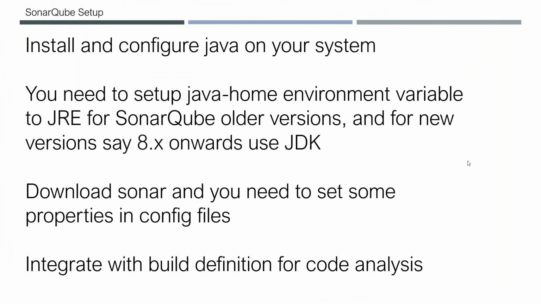If it is .NET, it will analyze all your C# code or VB code, or your jQuery or JavaScript. It can be scripting, it can be your .NET code, and it supports Java, C++, Python. There are many languages that SonarQube supports.